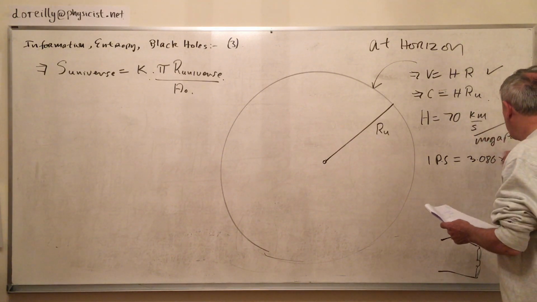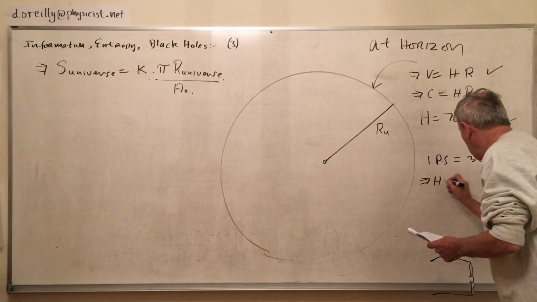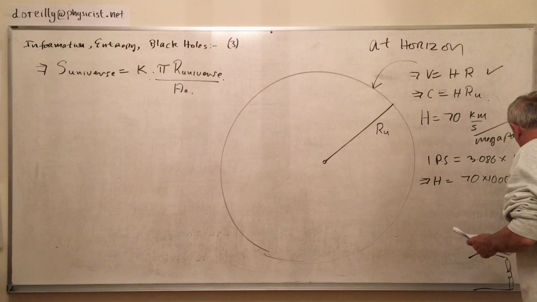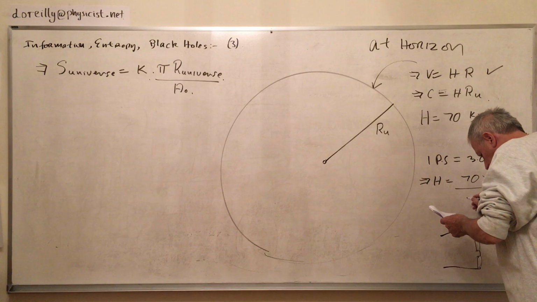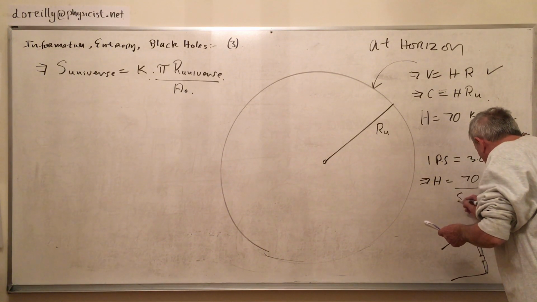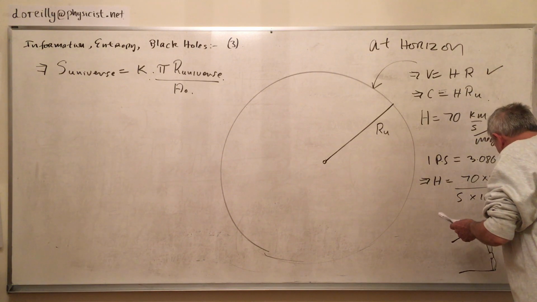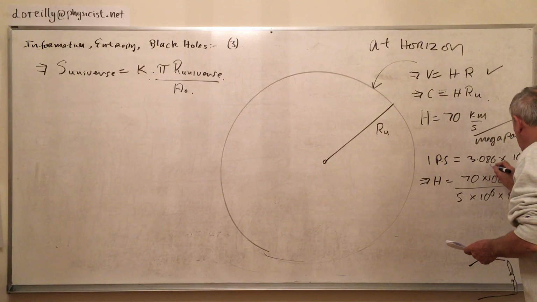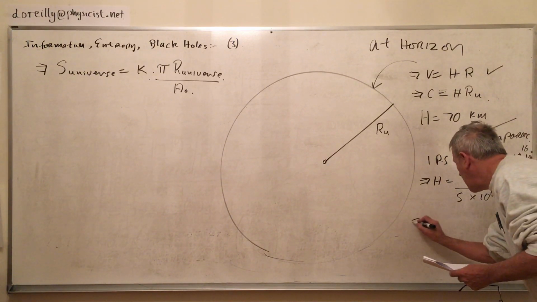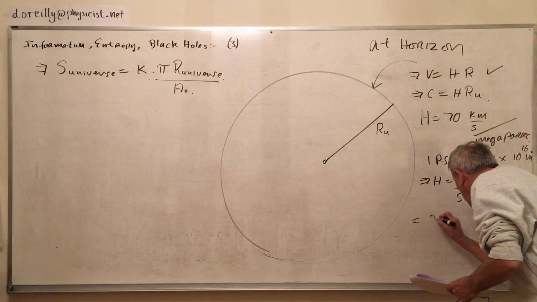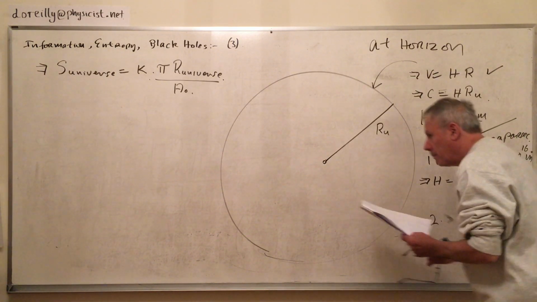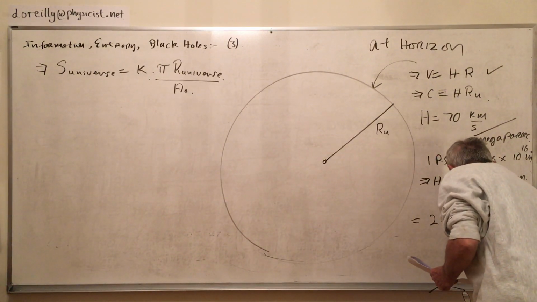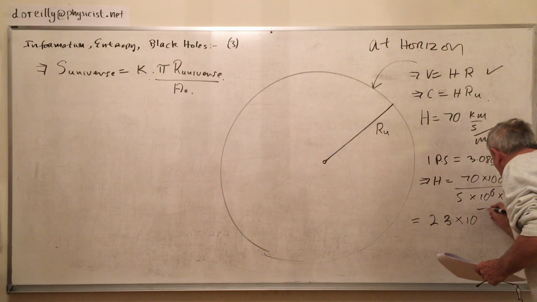So if I put 10 to the power of 6 kilometers per second per megaparsec, and put in this number for parsec, I'm going to get Hubble's constant as 2.3 times 10 to the power of minus 18.